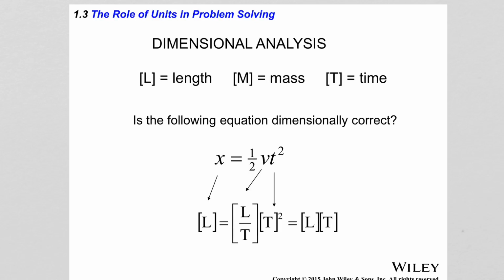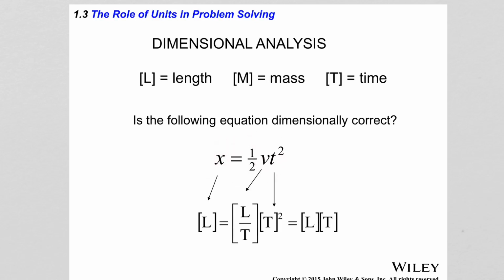And so when you look at a formula that relates certain quantities, for example, this formula right here, which relates distance, speed, and time to the second power, if you replace those with their dimensions, length, speed has dimensions of length divided by time, and time to the second power has dimensions of t squared, and you simplify that side, you find out that on the right side you have dimensions of length times time, and on the left side you have dimensions of length, which means that this relationship here is actually not accurate.